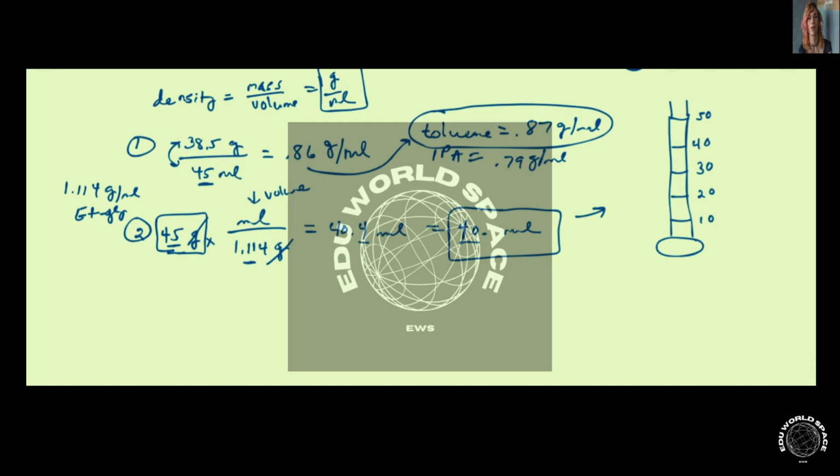In a question like this, if you want to get the proper accuracy so that you can be sure that the volume is measured out to the nearest unit, in this case the ones place, you'd want to have a graduated cylinder that would measure at least to the tens in terms of the volume.